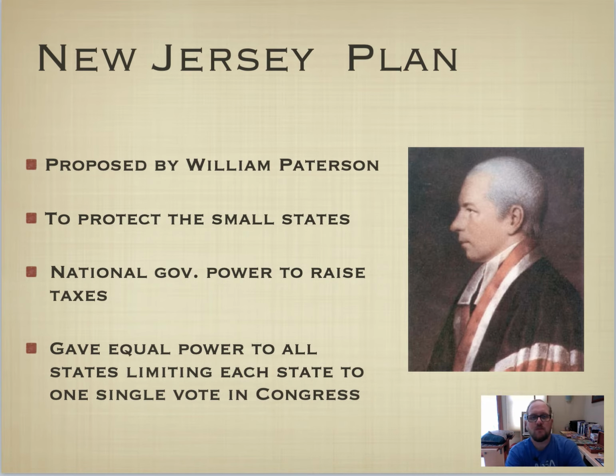New Jersey came up with a plan proposed by William Patterson to protect small states. One part of his plan was that it was going to give the national government the power to raise taxes. It also gave equal power to each state regardless of size. So again, sort of mimicking the Articles of Confederation. And that was not going to be very good for those larger states.